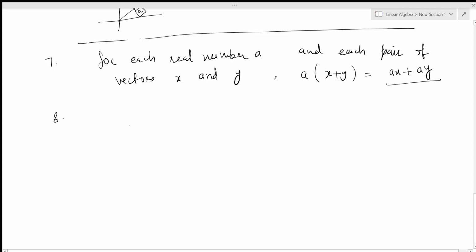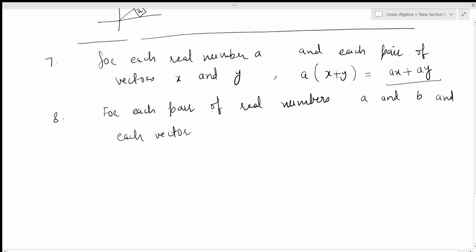Now the eighth one, the last one. For each pair of real numbers a and b, and each vector x, (a plus b) times x is the same as ax plus bx. Here we have taken the addition of two scalars and multiplication with one vector.